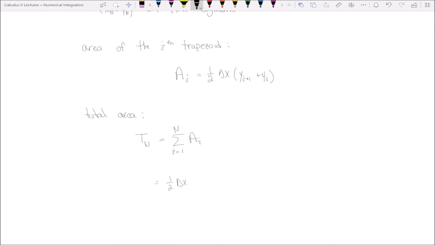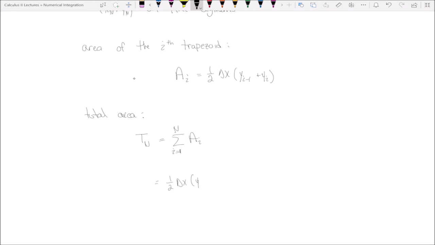A1 is 1/2 delta x times y2 plus y1. No, I was right, i equals 1. However, for some reason, I wrote this as i plus 1. My apologies. This should have been y sub i minus 1. So start over from here.